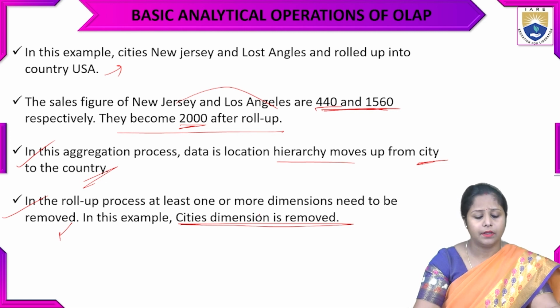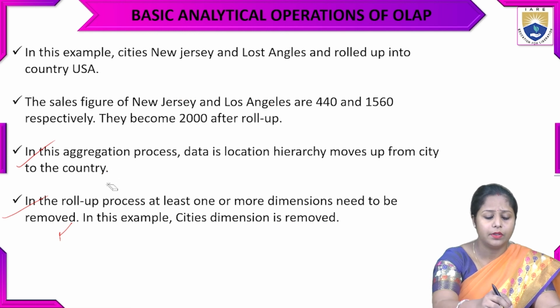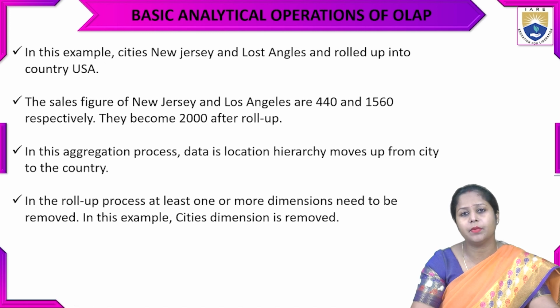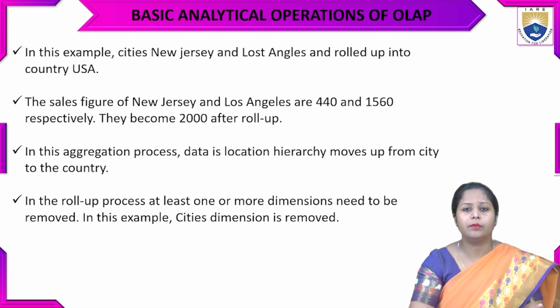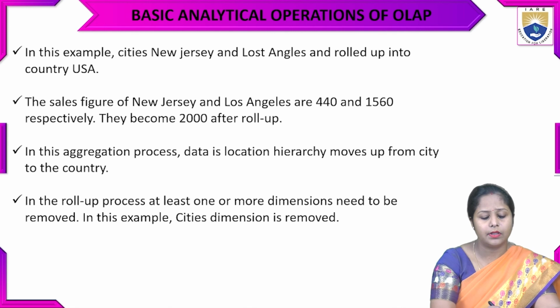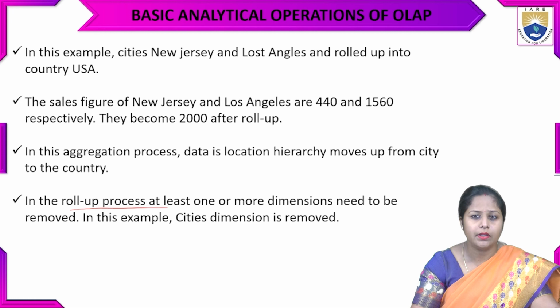In the previous example we saw the different cities related to USA, but after the roll-up process they will be removed. So after the roll-up process, the city dimension will be removed.